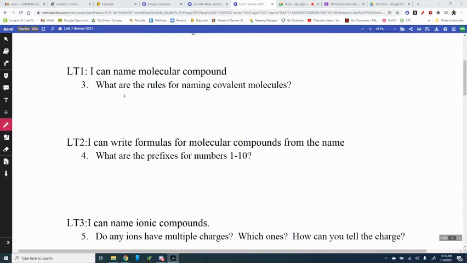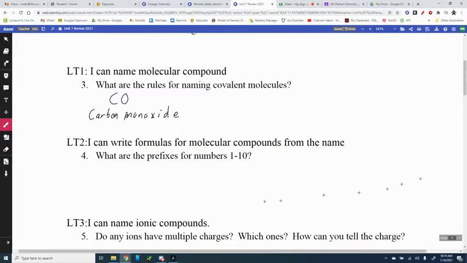So, for example, if we have CO, we are going to use the mono for oxygen. So it's going to be monoxide. But for the carbon, since it's the first element in the compound, we are not going to use mono. We are just going to name it normally.